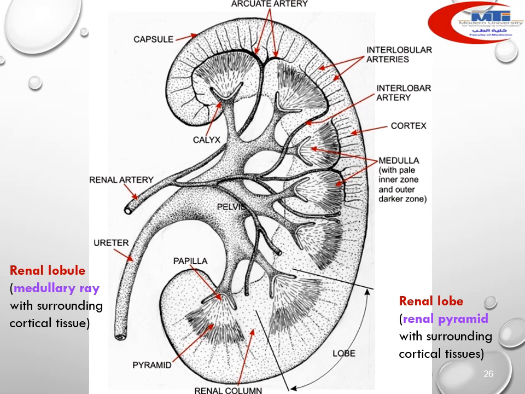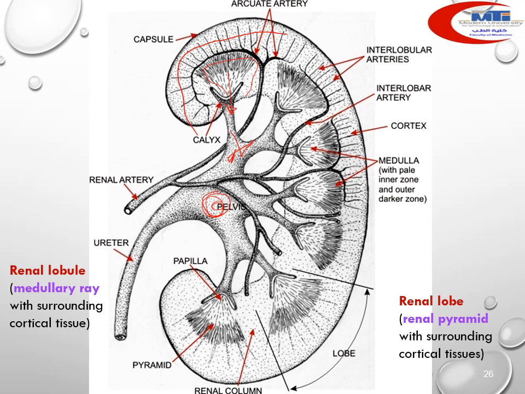Again, in this slide, this is the renal pelvis. The outer part is the cortex. You have medullary pyramids opening into minor calyces. Minor calyces join together to form the major calyx.